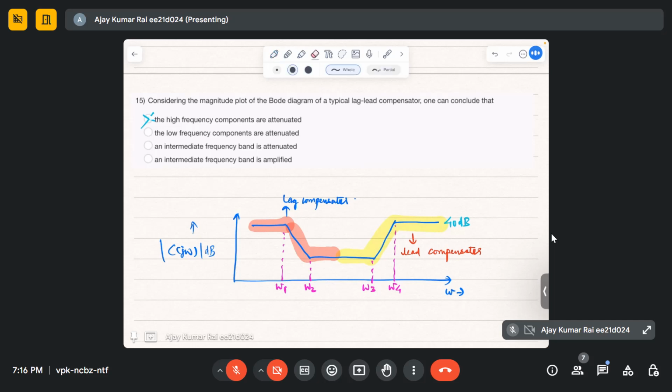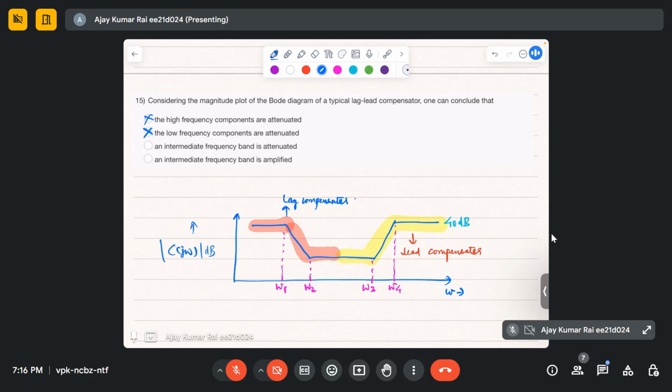So let's check the second statement. The low frequency components are attenuated. Again, the same case. Here the low frequency component is not attenuated. You can see the same logic is also valid for the low frequency region.